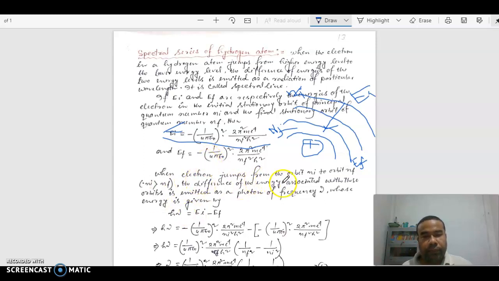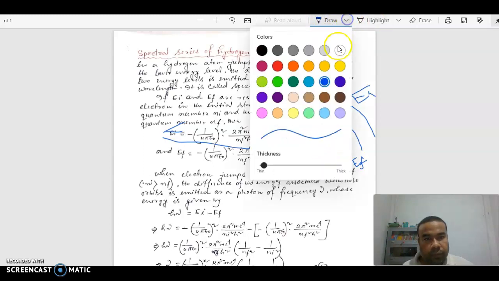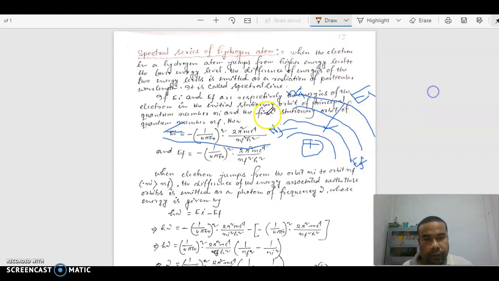When the electron jumps from orbit Ni to orbit Nf, the energy emitted, that is the difference of energy, is h nu equal to Ei minus Ef, where h is Planck's constant and nu is the frequency of radiation.